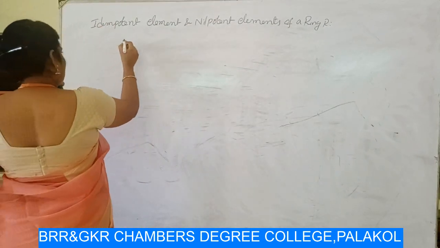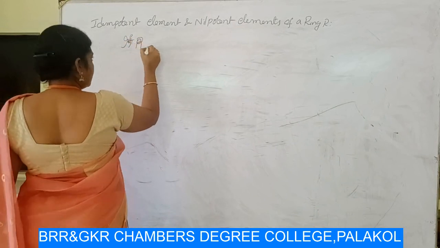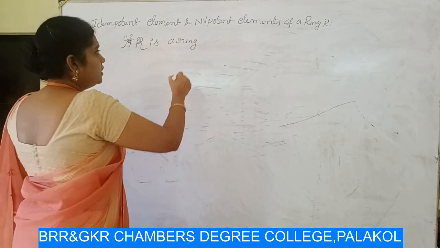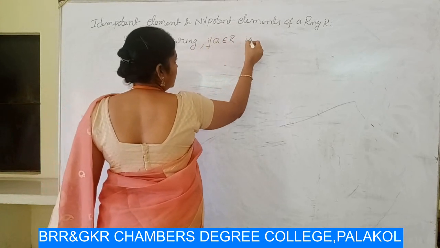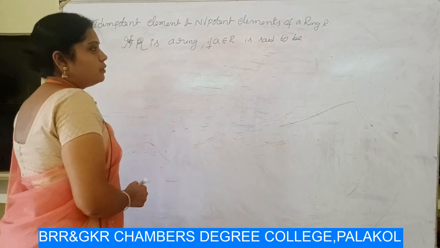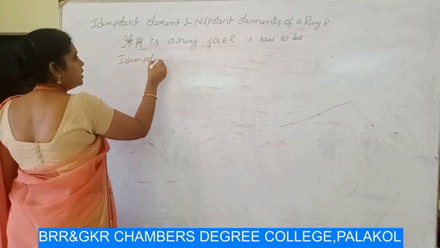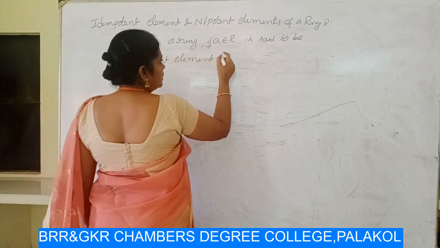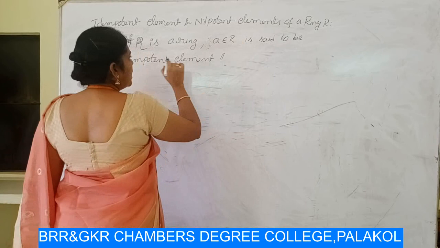If R is a ring, an element a belonging to R is said to be an idempotent element if a square is equal to a.